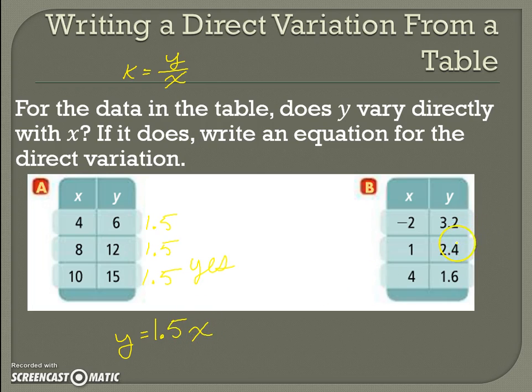This one I need to do some division. I get negative 1.6. Here I get 2.4. I could go ahead and do this one, you end up getting 0.4, but there's absolutely no point. As soon as any of these are not the same, then the answer is no. It does not vary directly. So this one does because that constant of variation is there. This one doesn't because these values are different.